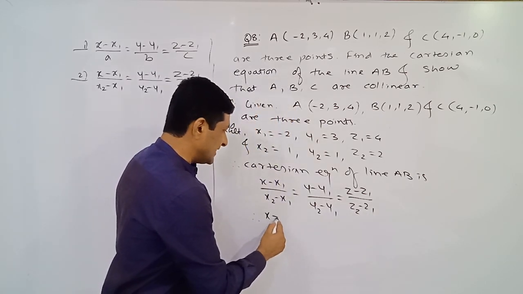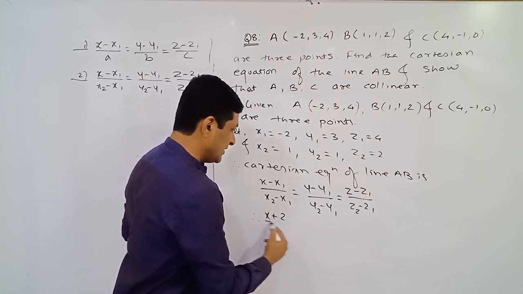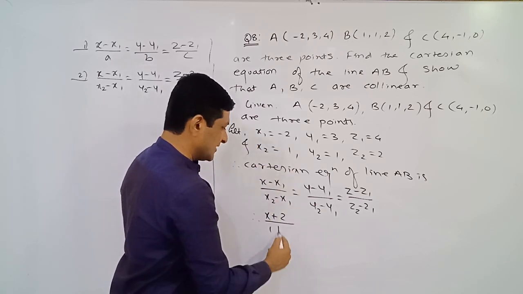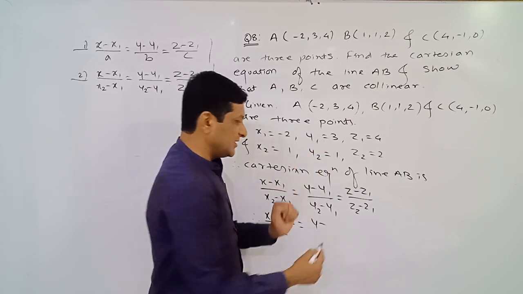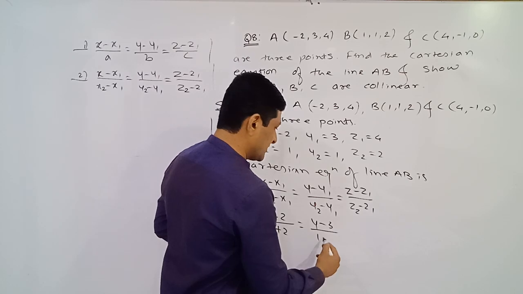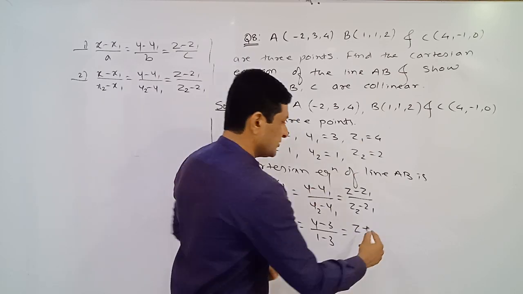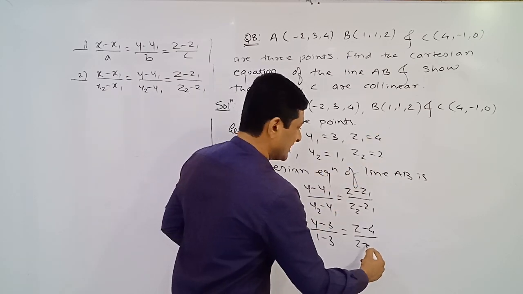So x minus x1, x1 is minus 2, and this minus becomes plus 2, upon x2 minus x1 means 1 minus minus 2, which is 3, is equal to y minus y1, y1 is 3, upon y2 minus y1 means 1 minus 3, is equal to z minus z1, z1 is 4, and in the denominator z2 minus z1 means 2 minus 4.